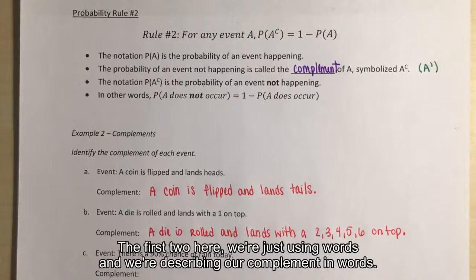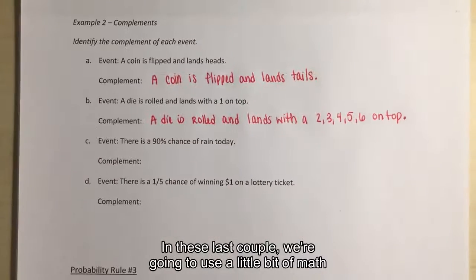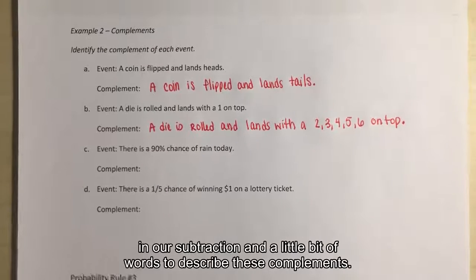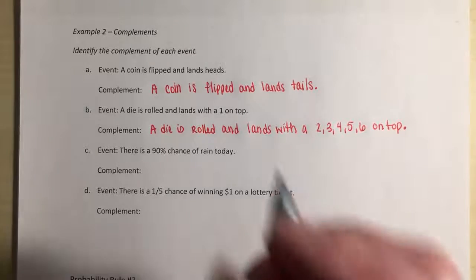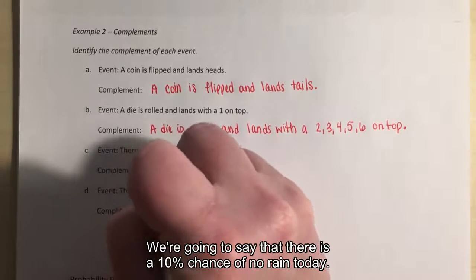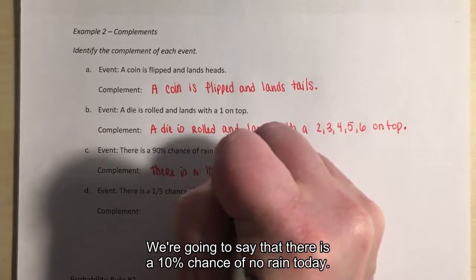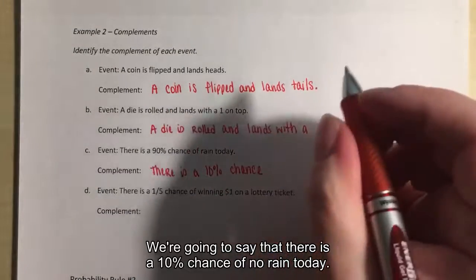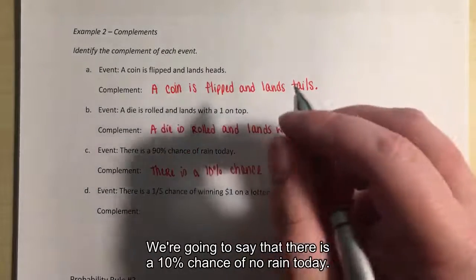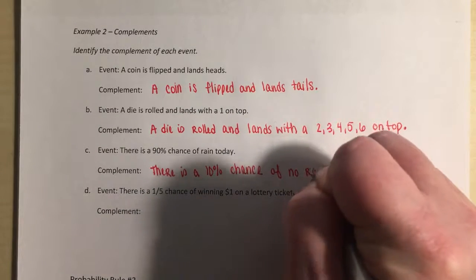So for the first two, we're just using words to describe our complement. For these last couple, we're going to use a little bit of math in our subtraction and a little bit of words to describe these complements. There is a 90% chance of rain today. We're going to say that there is a 10% chance of no rain today.